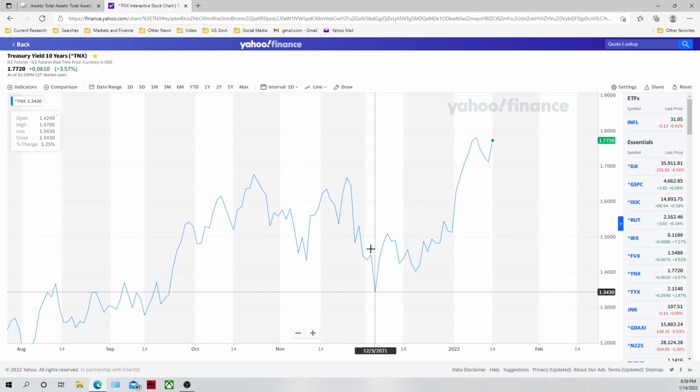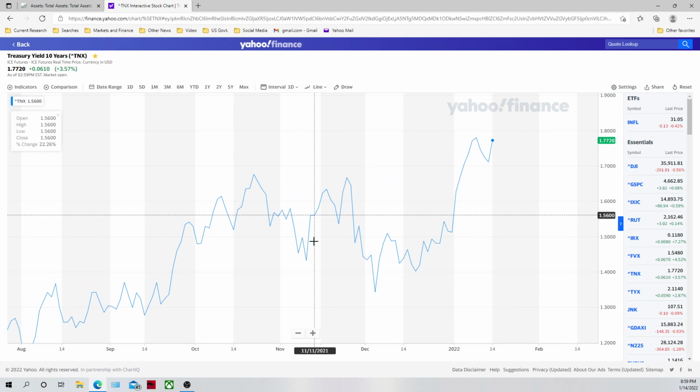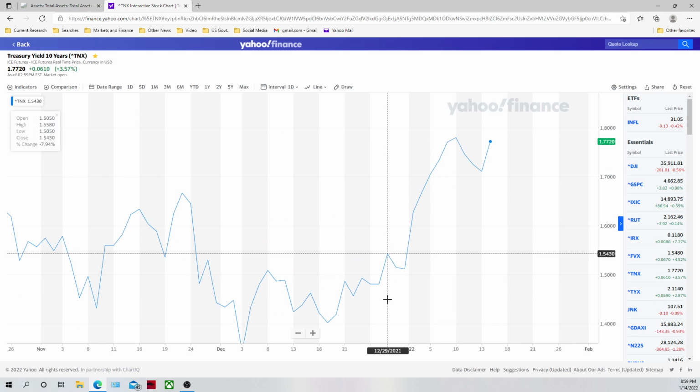you have the treasuries, which I bought a put on these because I could see this coming. After last week, I didn't believe that the Fed was actually going to go through with this, with buying less, with slowing down their asset purchases. So I said, okay, after last week of steady climbs, let's zoom in.